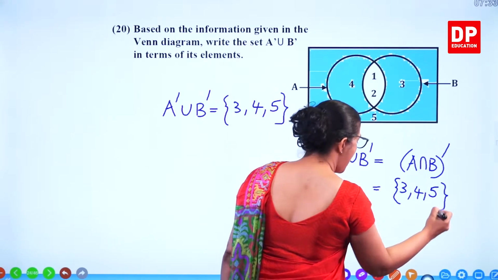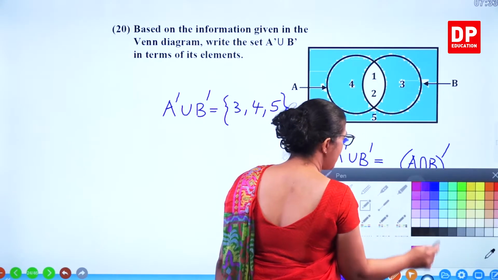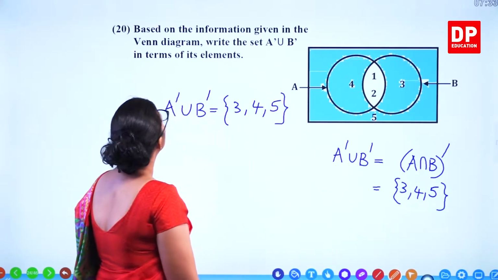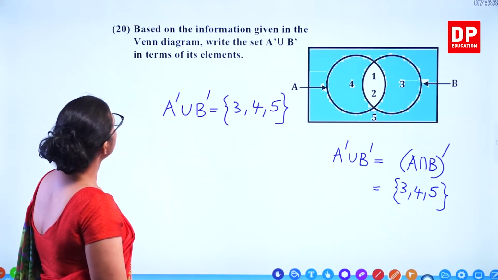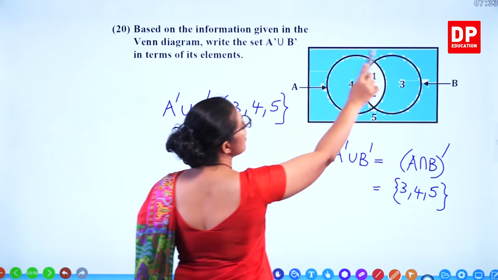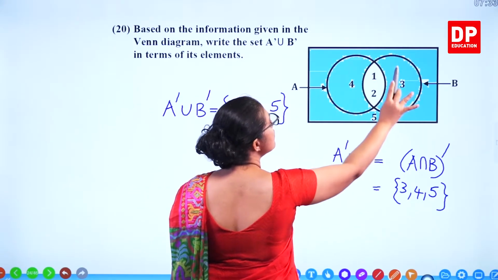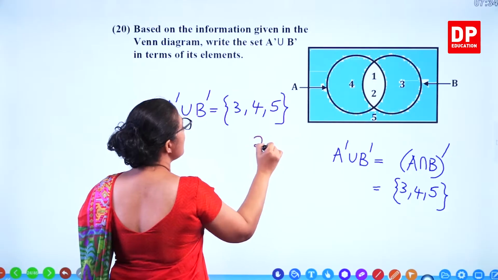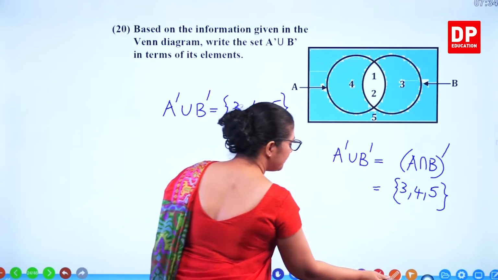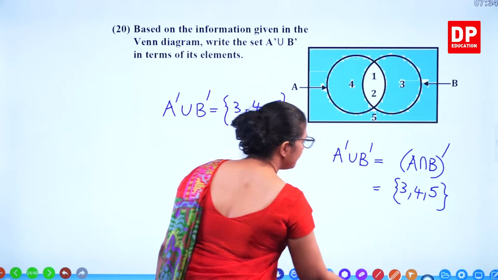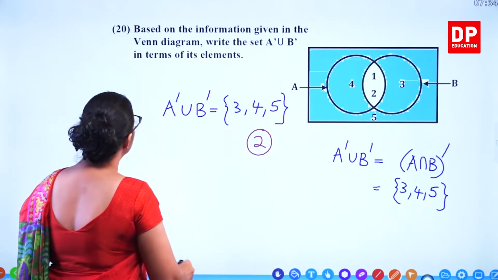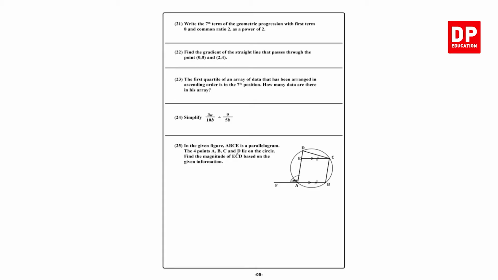Those are the elements satisfied for that region. So you need to identify this region. So 2 marks for that. Now you can try 21 to 25.